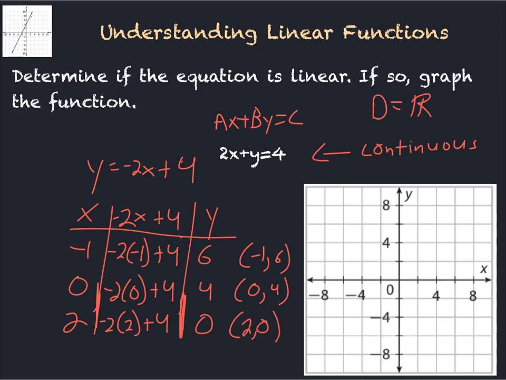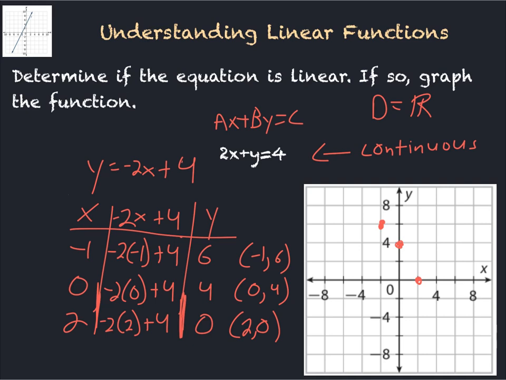And if you plot this, your first ordered pair is negative 1, 6, which would be right here. Your second ordered pair would be 0, 4, which would be right here. And your third ordered pair would be 2, 0, which would be, whoops, that's not 2. I'm sorry, I actually messed up on this point.